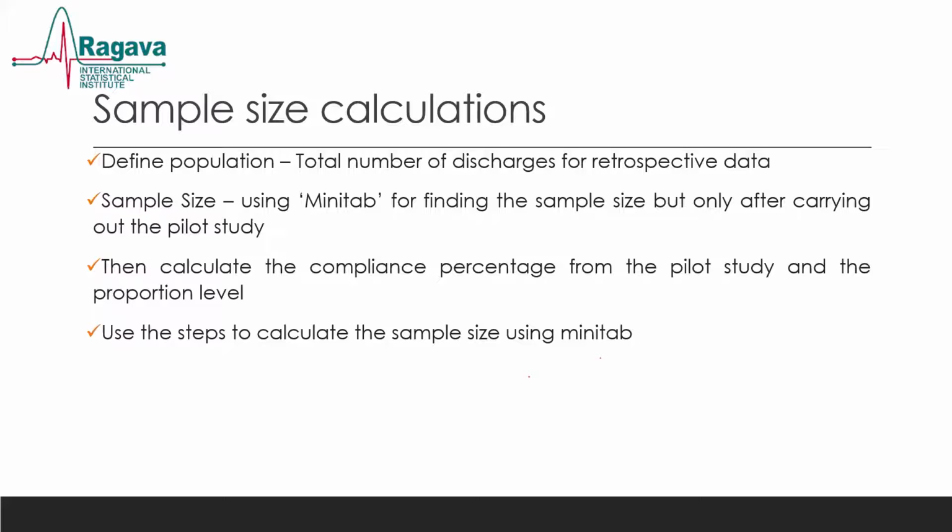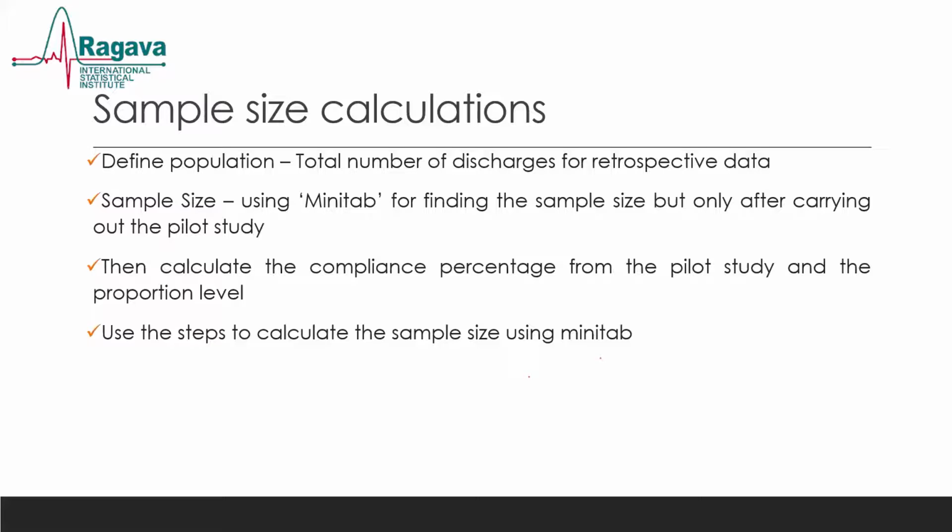By compliance, depending on your research question, depending on why you are carrying out your retrospective chart review, say, for example, you are trying to analyze the compliance with regards to medication reconciliation, or the compliance with regards to the completion of appropriate consent forms.